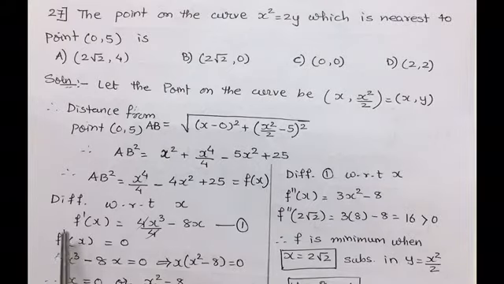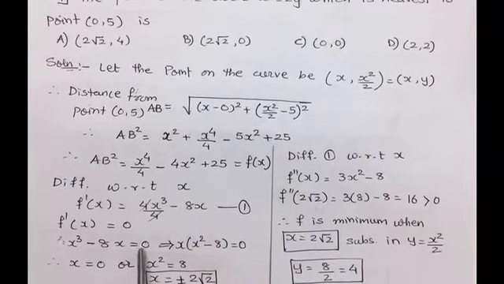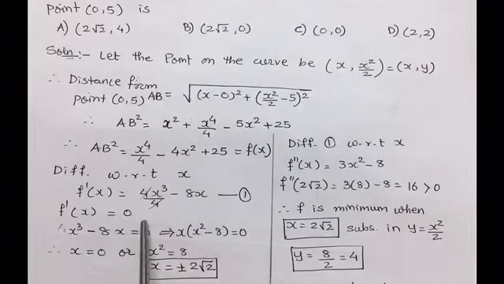So differentiating with respect to x, we get f dash x is equal to 4x cube upon 4 minus 8x. 4 and 4 get cancelled, so it becomes x cube minus 8x. The first derivative, this statement will be marked as 1. Then to calculate the value of x, we assume the first derivative to be equal to 0.